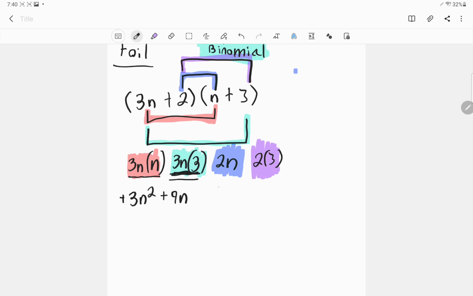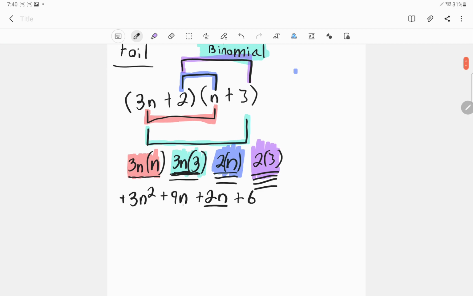Now I'm going to multiply the next one. This one, I'm going to put 3 lines. 2 times n, which is going to give me, yes, you guessed it, 2n. And finally, I'm going to put 3 lines over here, which is the last one. 2 times 3 is positive 6, because both of them are positive.